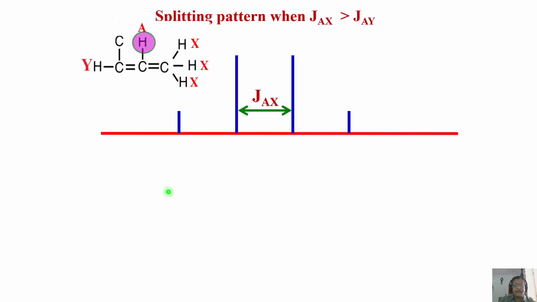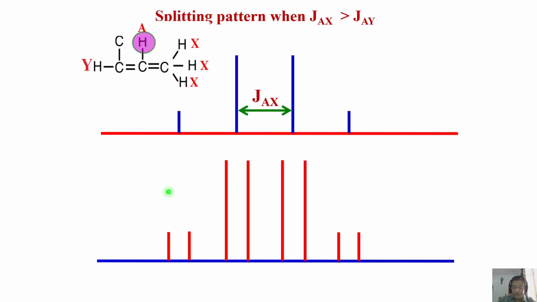Now, each line of this quartet is split into a doublet because of this proton. So it can experience coupling to this and coupling to this. So you are going to get a pattern like this. This is AX, this is AY.